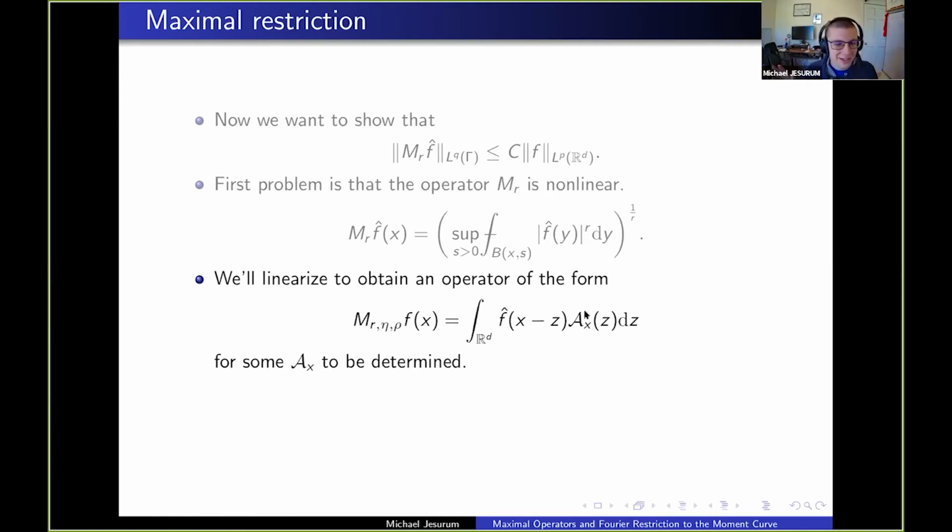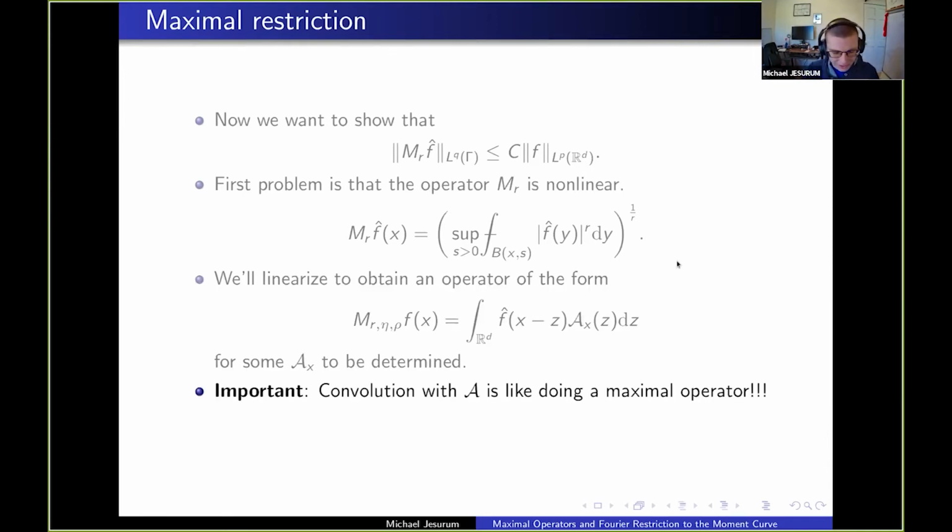It's not exactly a convolution, but you can think of it like that. And later on, when we're actually proving things, we will see convolutions with these calligraphic A's. And what you should be thinking is that whenever you convolve something with one of these A's, it's like we're doing a maximal operator to that function.